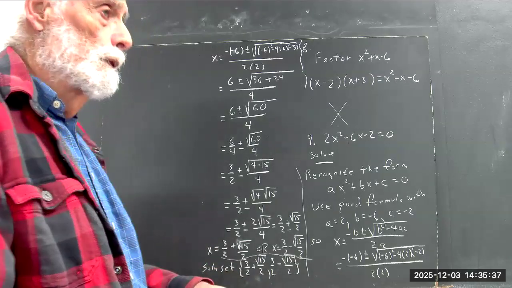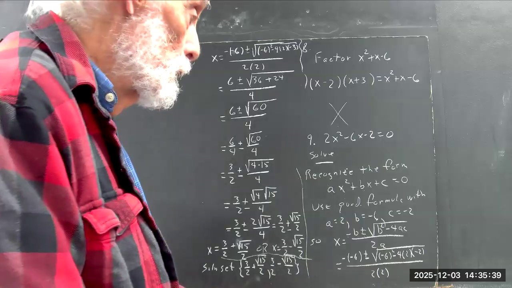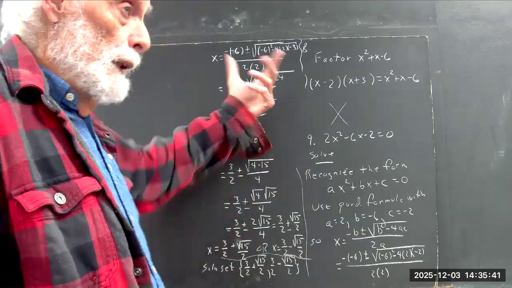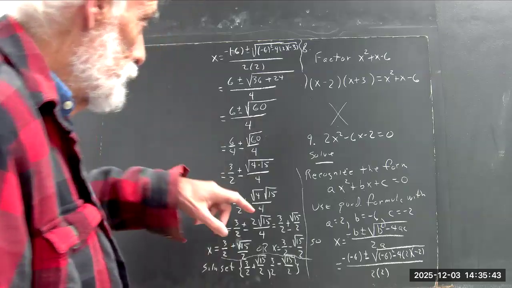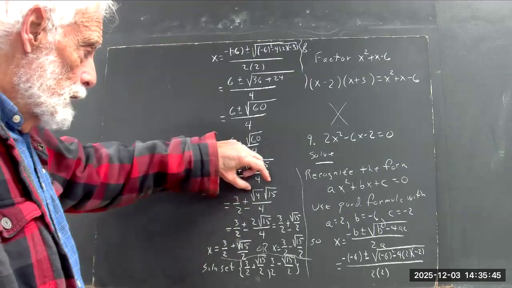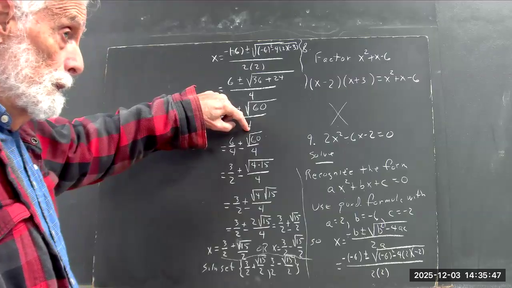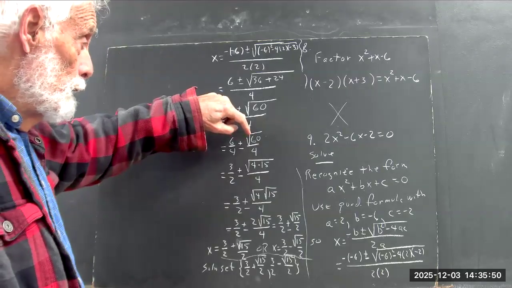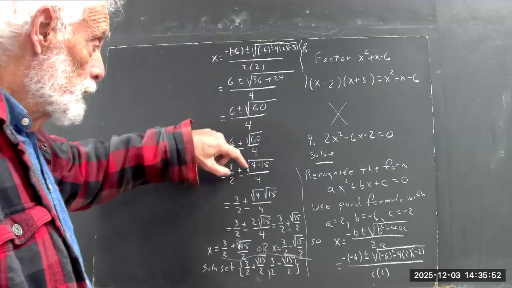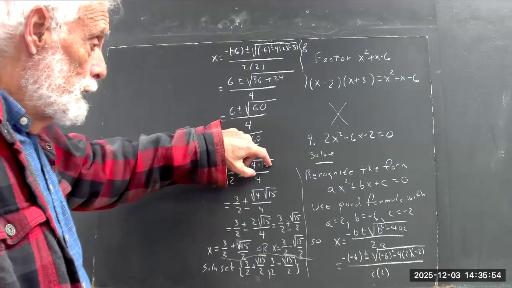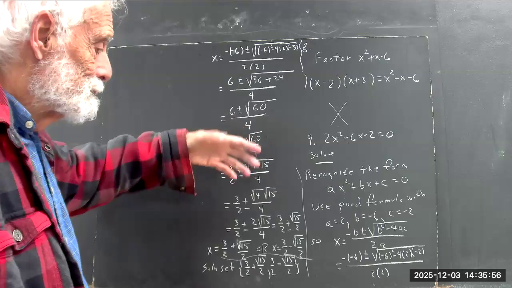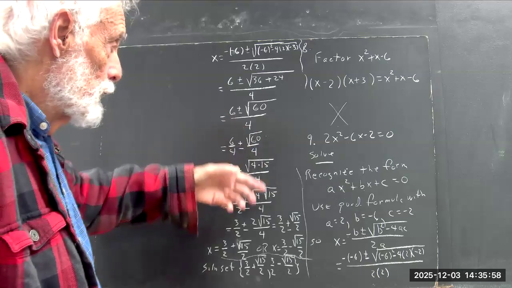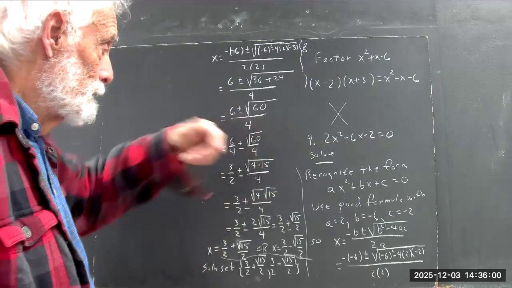Now, the application of the quadratic formula is very straightforward. You just put the numbers in and do everything right. If you end up with something that you can't take the square root of, like 60, you express 60 as a product of the biggest possible square and whatever you get when you divide that number into 60.